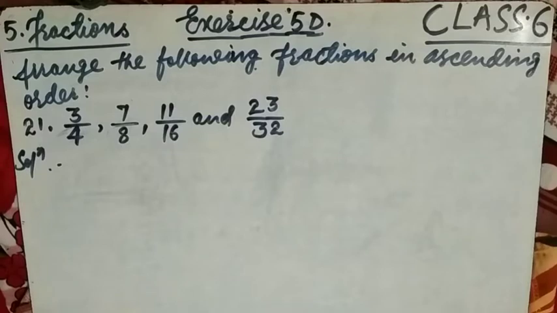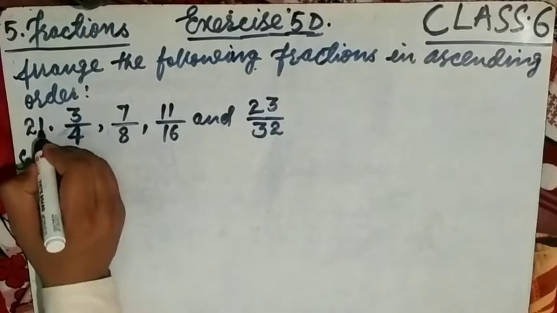Now from 16 to 30 we are going to solve, and among these we have taken question number 21, because questions 18 to 20 are similar types of questions. If one is understood, then all are clear.